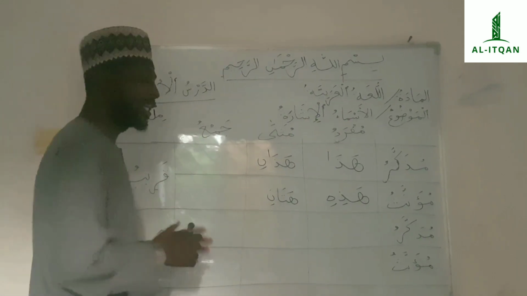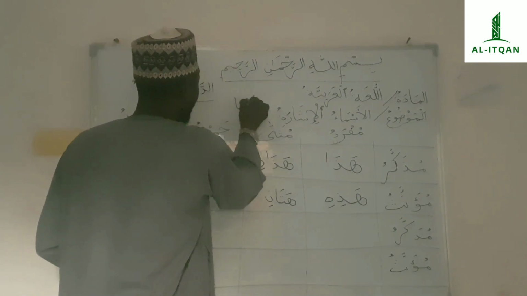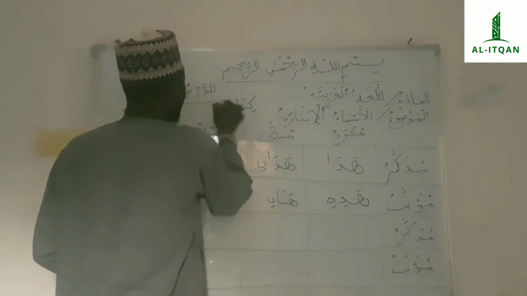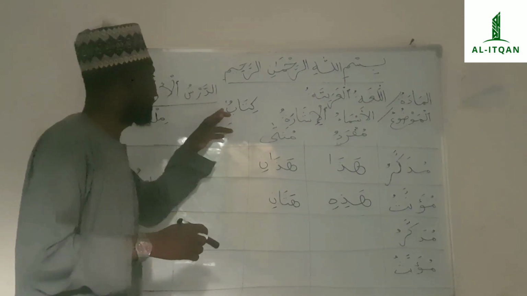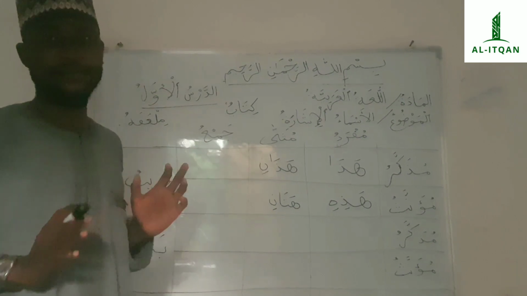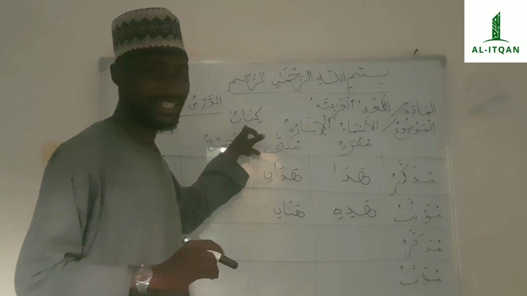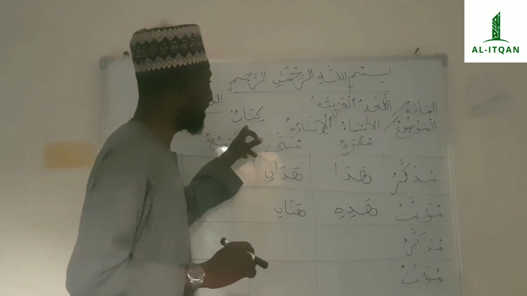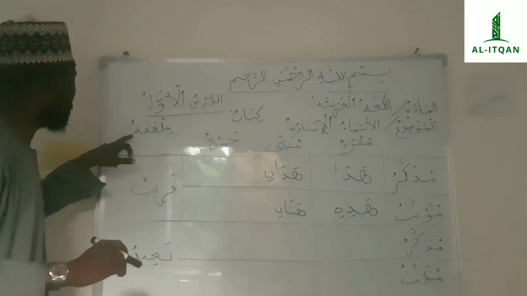But when you just have an ordinary noun like kitabun, you can see that this one does not end with ta. So then you say hada kitabun. Hadhihi mil'aqatun, this is a spoon.